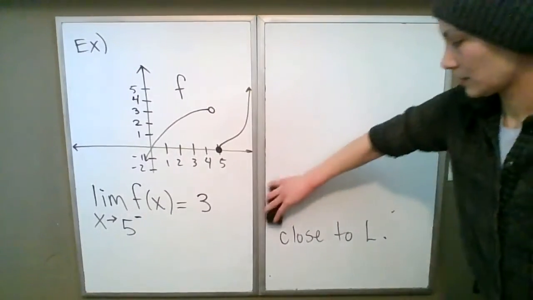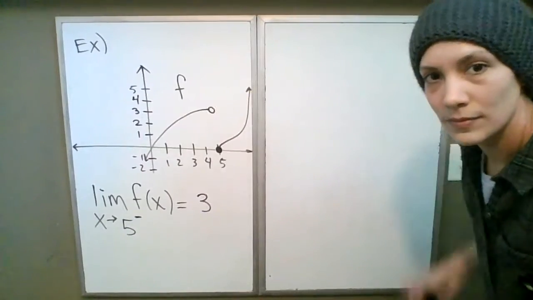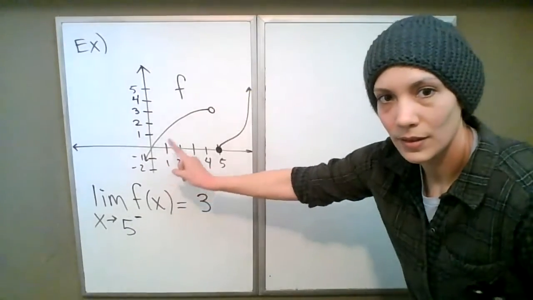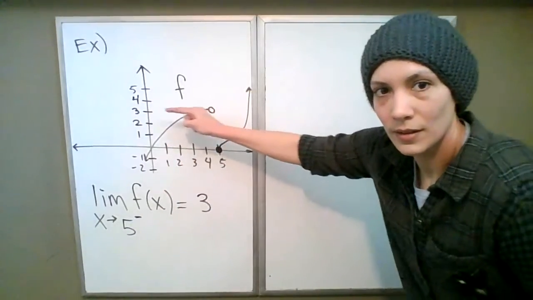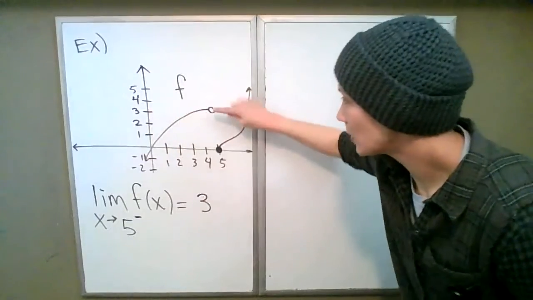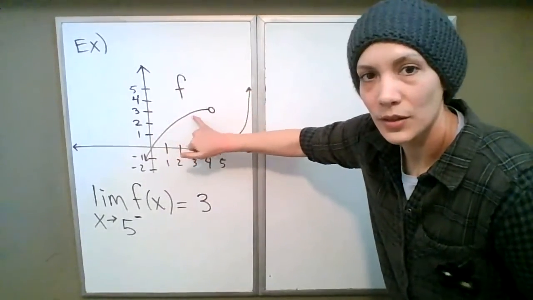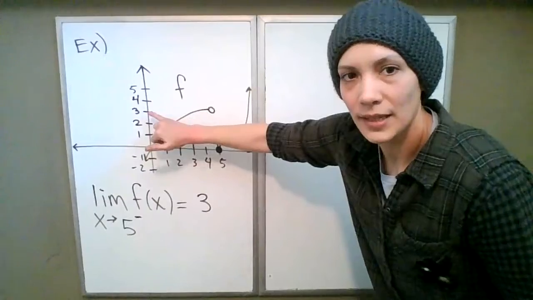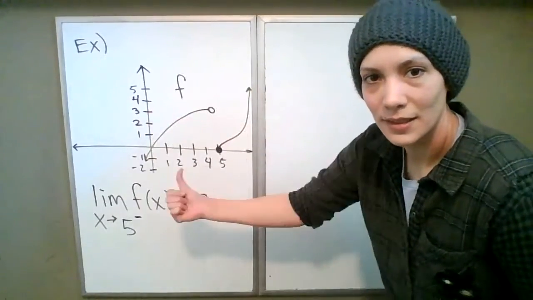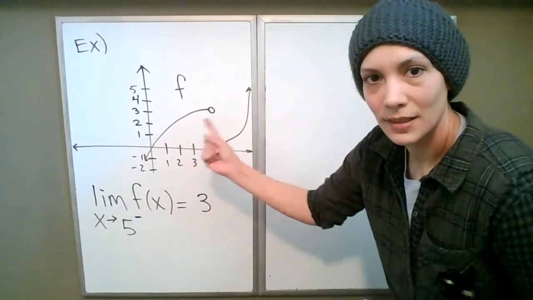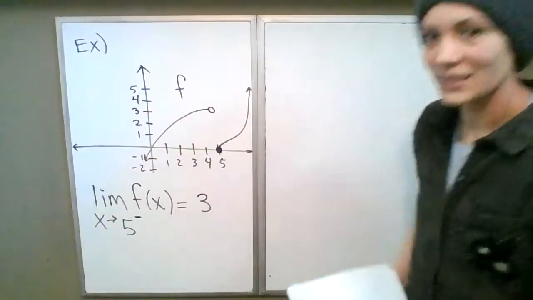Wait, the 3 comes from the white. Oh, 3 comes from x equals 5 and negative. Oh, okay. I see, these ones get closer and closer. So if x is going to 5 from the right, then it might be 0, right? Yes. Okay.